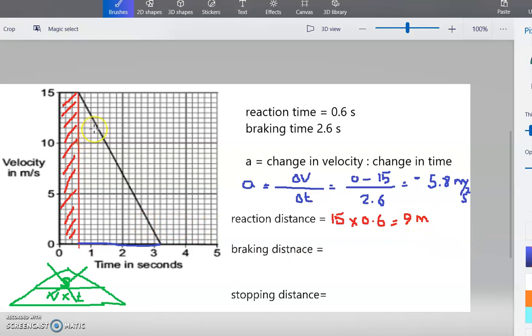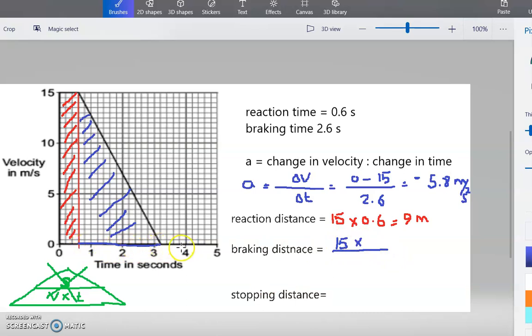Then I have a triangle here, and this part here is the braking distance. So if I calculate the area of the triangle here, I can work out the braking distance. And what is the formula? The area of a triangle is height times base divided by 2.